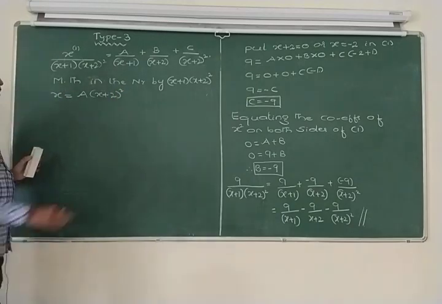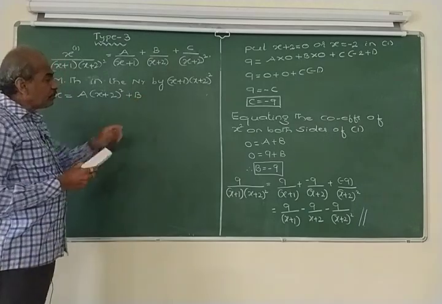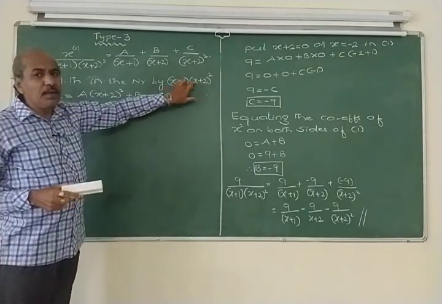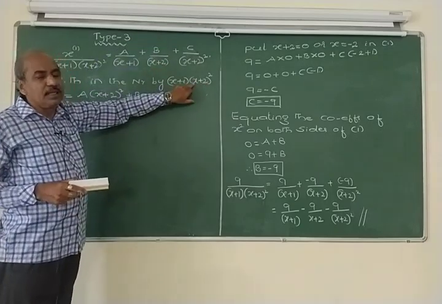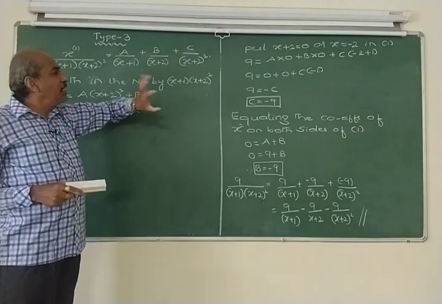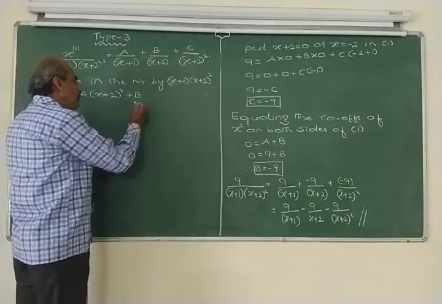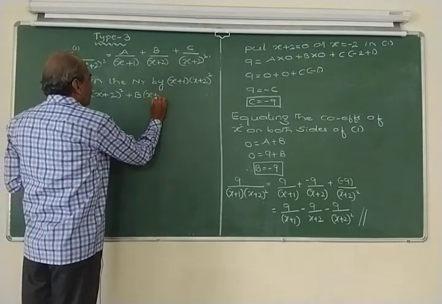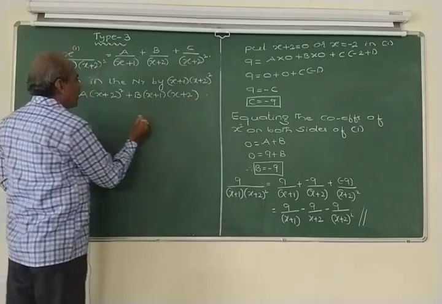Okay. Plus B times, when multiplied in the numerator, one x plus 2 cancels. What is left? One x plus 2 is left. So, 1 x plus 2 is remaining if I cancel this. So, B times x plus 1 into x plus 2 I can write. Okay.